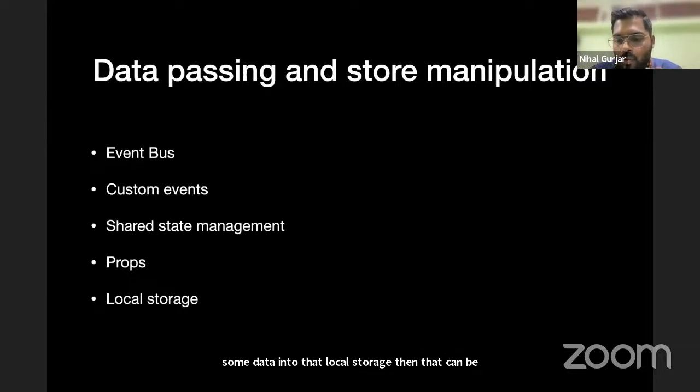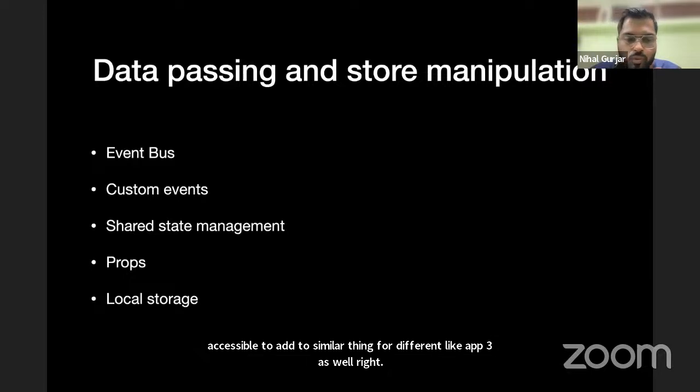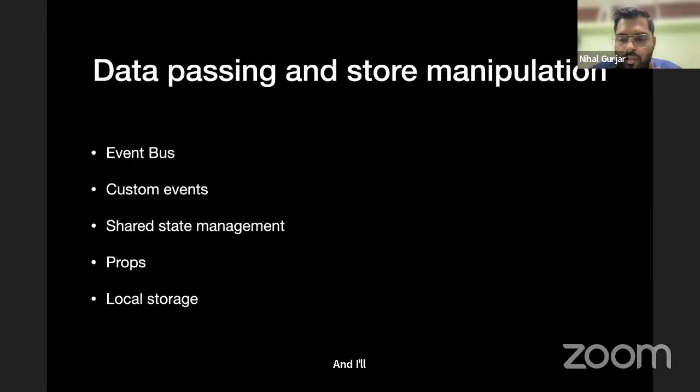App 3 is saving something that can be used by app 1 and app 2. And the other thing is props, which have already been there. These are multiple ways where you can communicate between different micro frontends, and this can also be persisted using local storage or any other such storages.